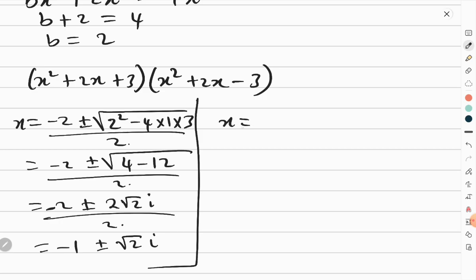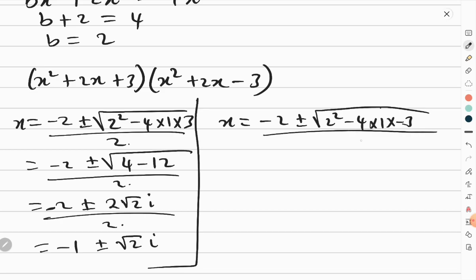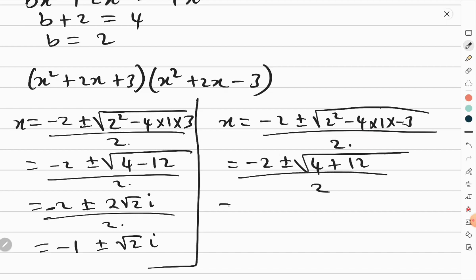So let's come to the solutions of the other one. x is negative 2 plus or minus the square root of 2 squared minus 4 times a times c, divided by 2. So we have negative 2 plus or minus the square root of 4 plus 12, because negative times negative is positive, all divided by 2. Then we have negative 2 plus or minus the square root of 16, over 2.